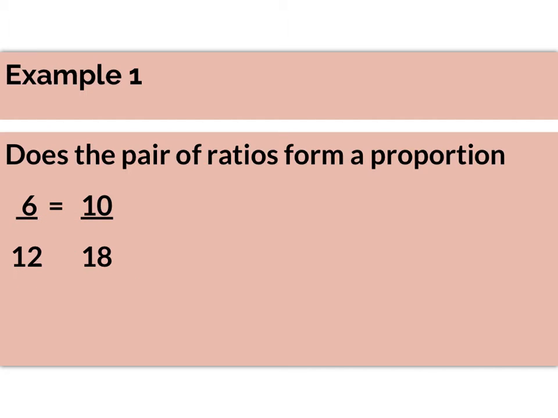We know that 6 times 18 equals 108, and then 12 times 10 equals 120. These numbers are not the same, so this is not a proportion. So that's a big fat no.